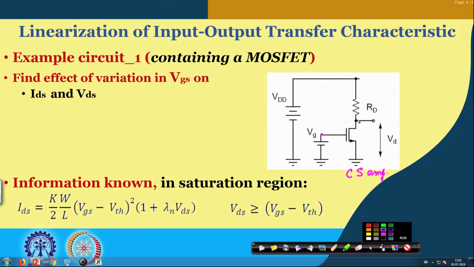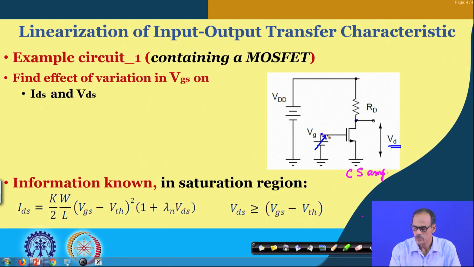We are observing the output at the drain, namely the drain voltage, which is incidentally the output voltage. What we are going to do is change the input, namely the gate voltage V g, and observe the corresponding effect on the I d s and on the V d or V d s.